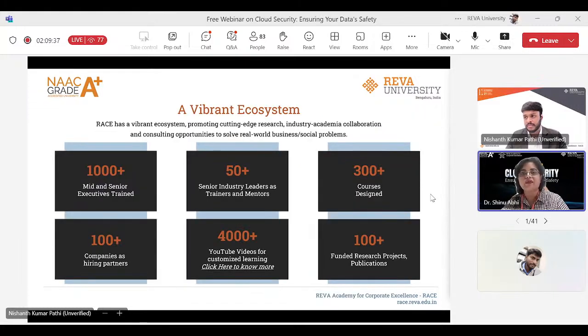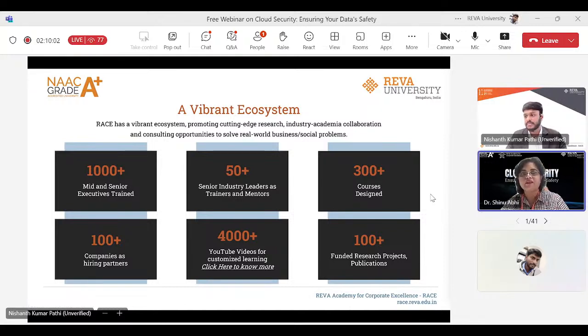That is because we have this ecosystem of 1,000+ learners who come from various marquee organizations. We have 50+ industry mentors, and Nishant is one of our expert mentors in cloud and cybersecurity programs. We have custom-made 300+ courses around these technologies, and ours are interdisciplinary techno-functional programs.